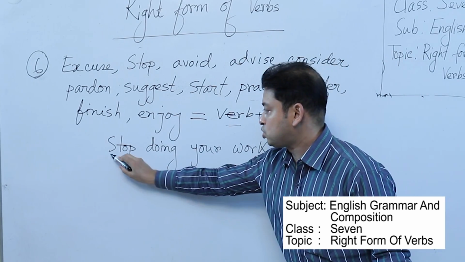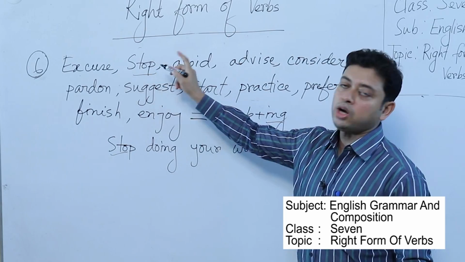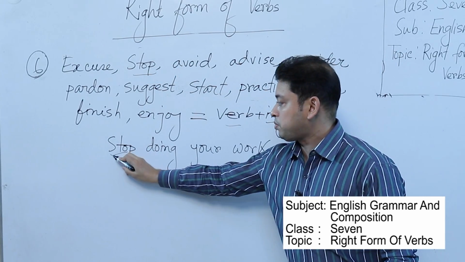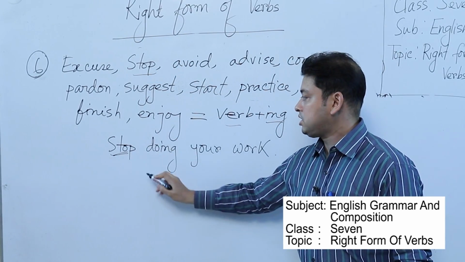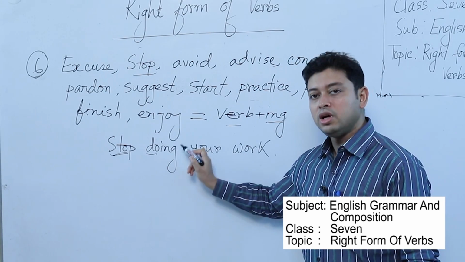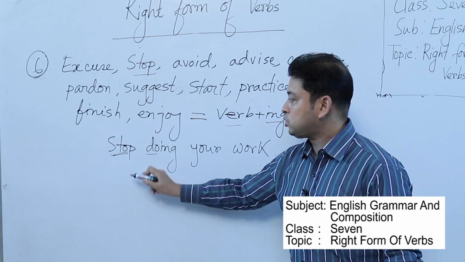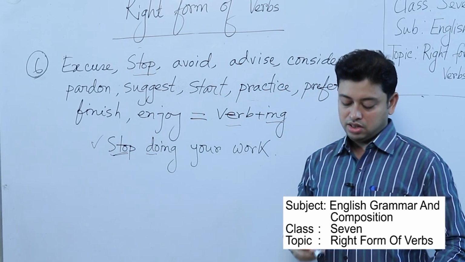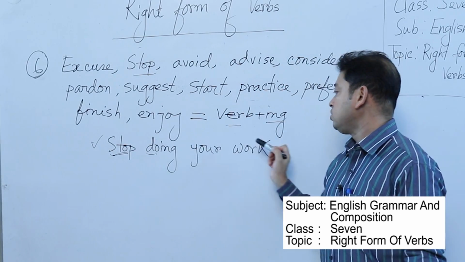This is an example. Stop is the verb here. So after this the verb will be with an ing. Do is the main verb, after do ing is added. According to this rule, this is a correct sentence. So, stop doing your work.